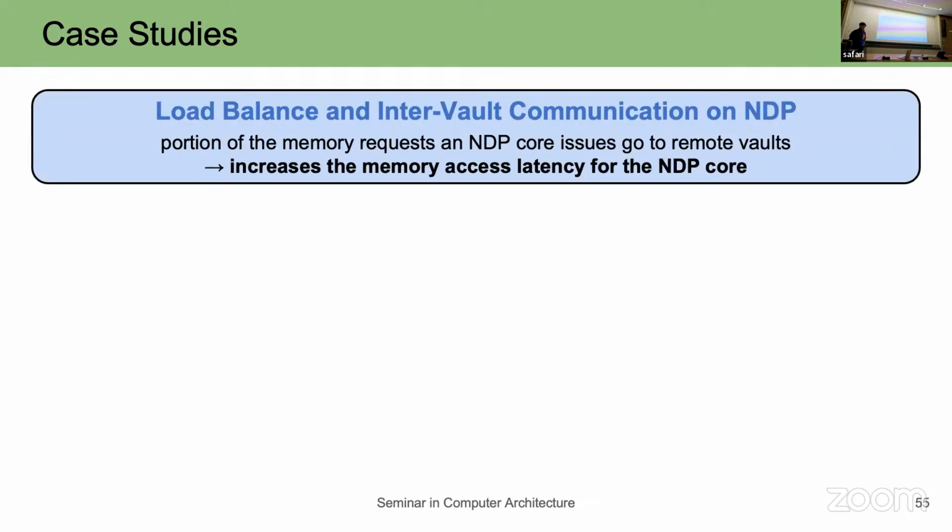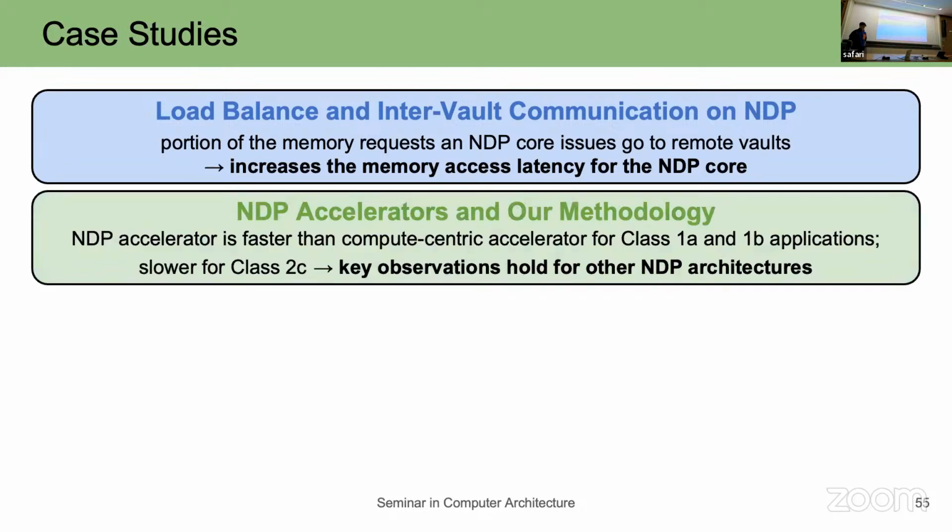The first study is about load balance and inter-vault communication on NDP systems. It's found that a portion of the memory requests from an NDP core go into remote vaults, which increases the memory access latency for the NDP core.